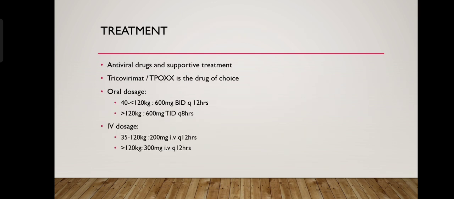The treatment is antiviral drugs and supportive treatment. Tecovirimat is the drug of choice, which was given under the study of tecovirimat for pox virus. Oral dosages: 40 to 120 kg, 600 mg BID every 12 hours; more than 120 kg, 600 mg TDS every 8 hours.